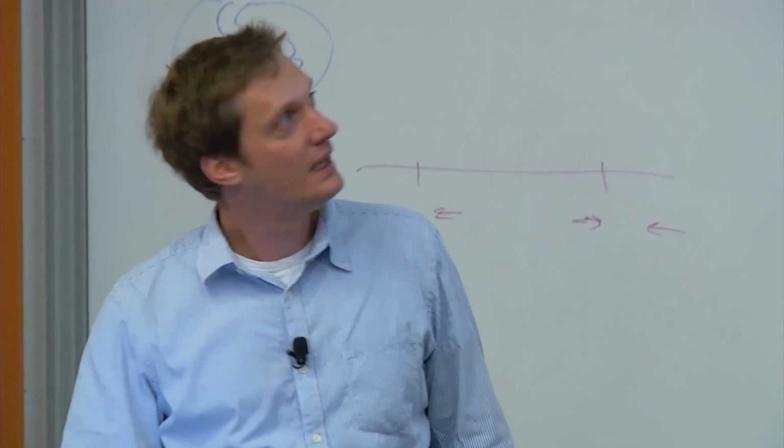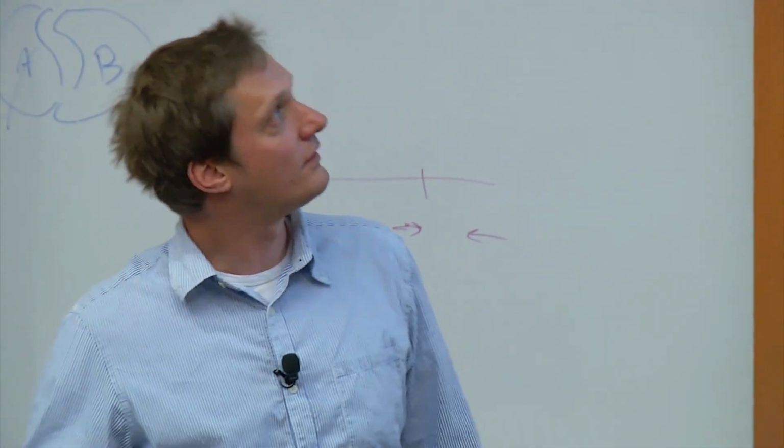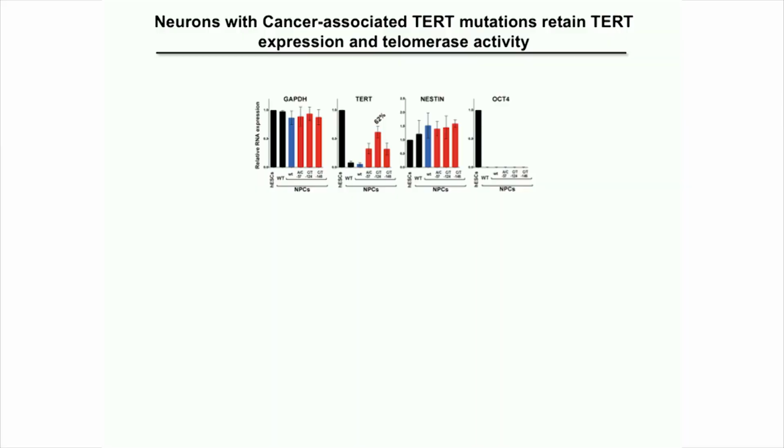And when we do this, we find that in neuronal precursors, wild-type cells have, compared to human ES cells, some residual levels of TERT expression. However, we find very high and very robust expression of the TERT promoter mutations in these neuronal precursors.